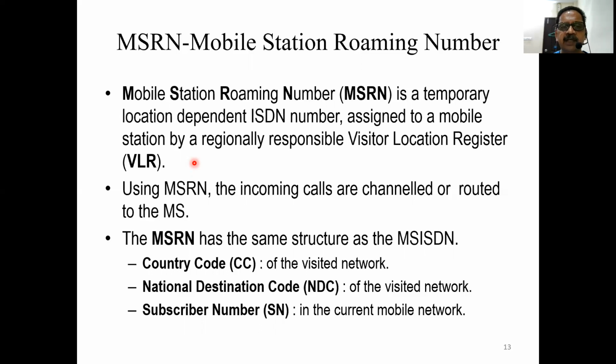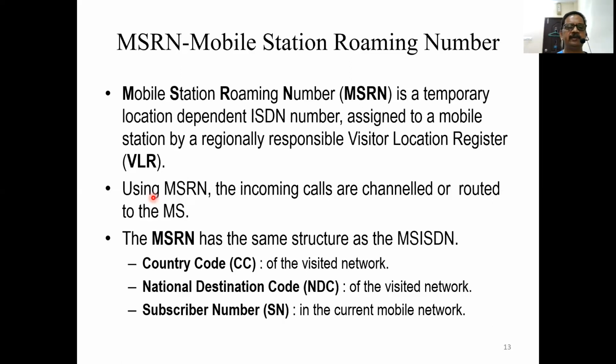So that is a temporary number. Once you migrate to some other area covered by an MSC that has its own VLR, it will give its own number. It is known to the network only; we do not know what number is allocated. But anybody who wants to call you will call by the same number originally provided to you at the time of registration.